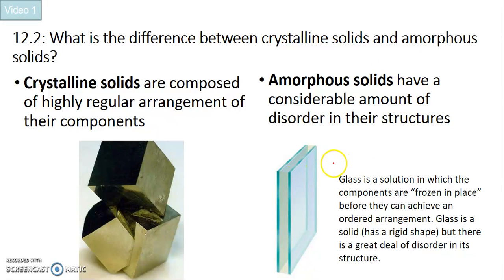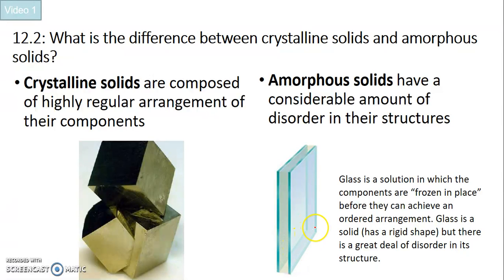And so, for example, glass is one of the most common types of amorphous solid. And so as it says here, glass is a solution in which the components are frozen in place before they have achieved an ordered arrangement. And so while glass is a solid, so it has a rigid shape, there is a great deal of disorder to the structure, which is why if you have a stained glass window, for example, over time the glass particles will settle at the bottom.